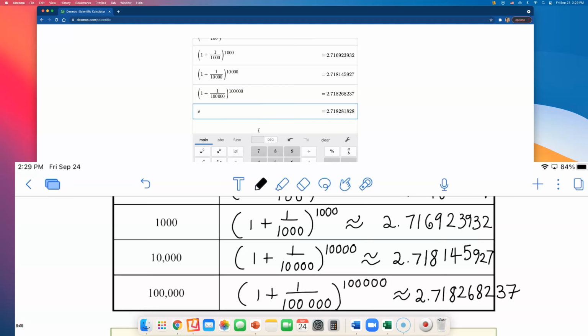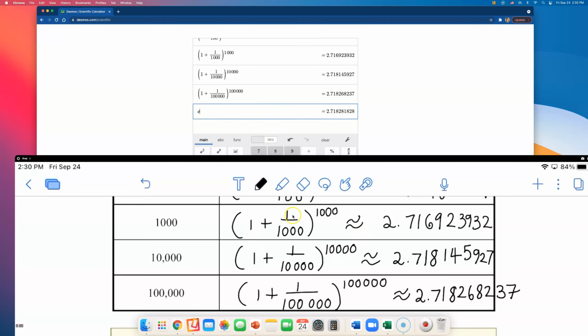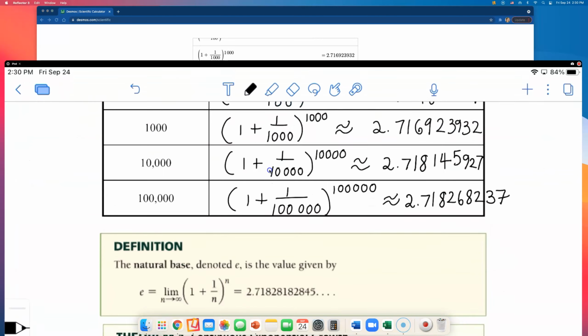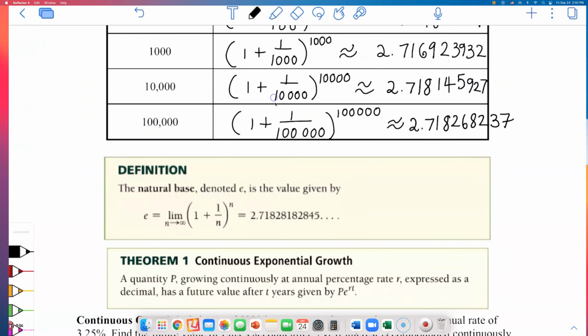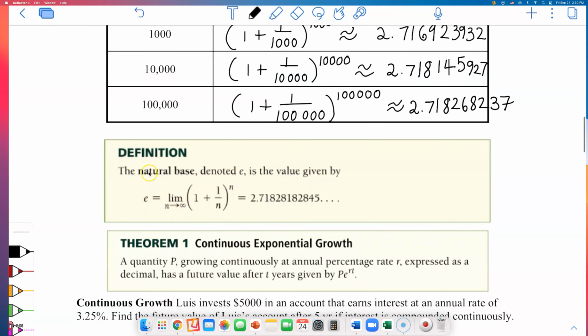That is e. As n gets infinitely big, this term that we were evaluating is getting closer and closer to e. So that's why in a compounding interest formula, we are going to use this natural base e.